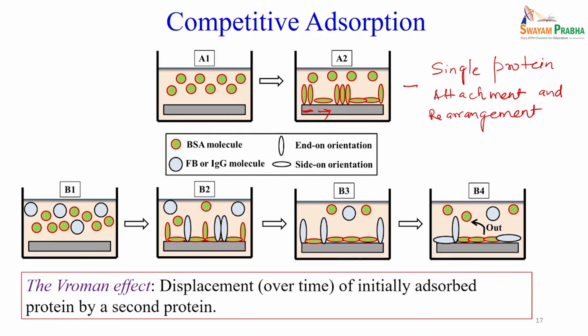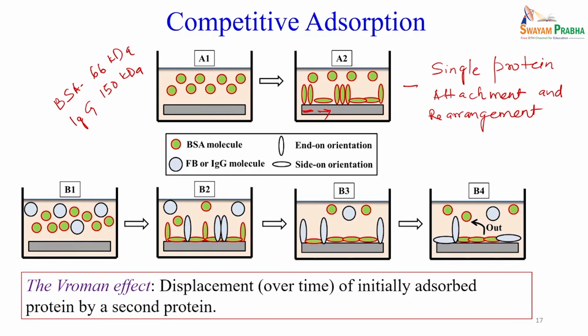Now, if you have two different proteins, let us say one is BSA and the other is either fibrinogen or IgG. BSA is the smaller protein, with a molecular weight of 66 kilodalton, and for IgG it is, let us say, 150 kilodalton.